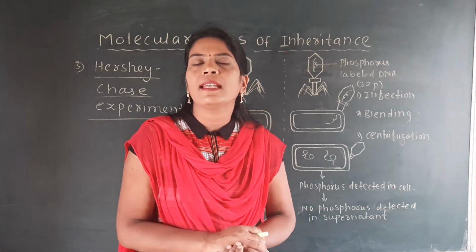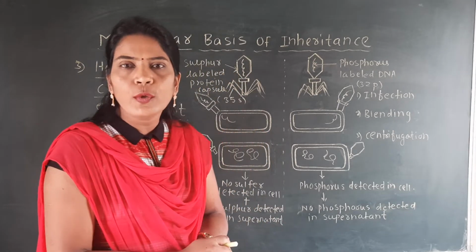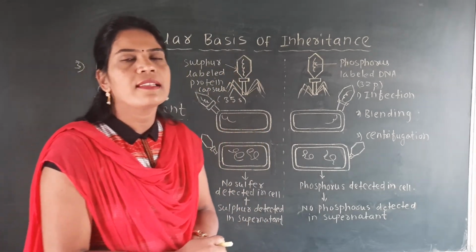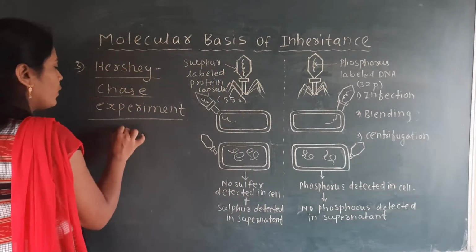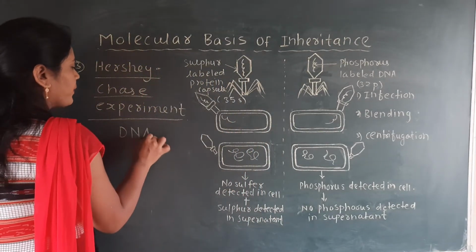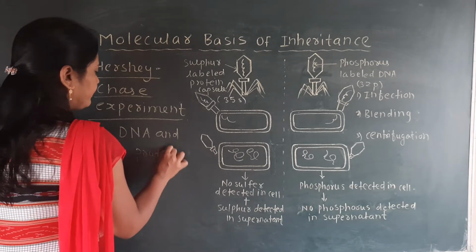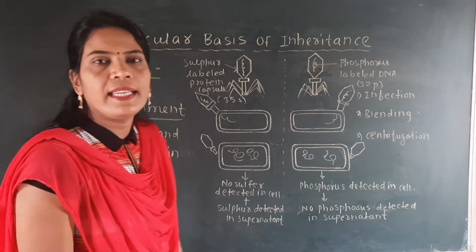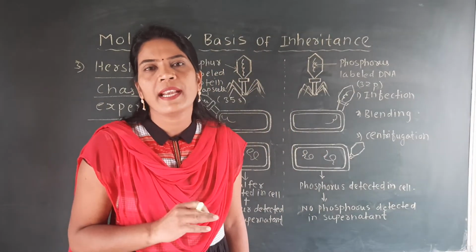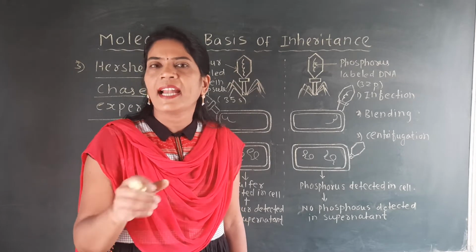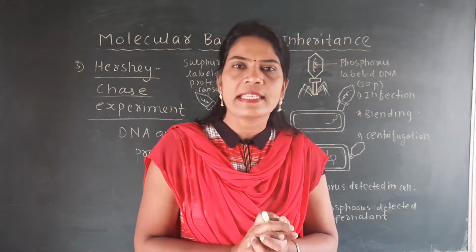As we know, these bacteriophages are made up of two important components, and those components are DNA and protein. These are the two important components which make up the bacteriophage, and that bacteriophage was used for their experiment by Hershey and Chase.